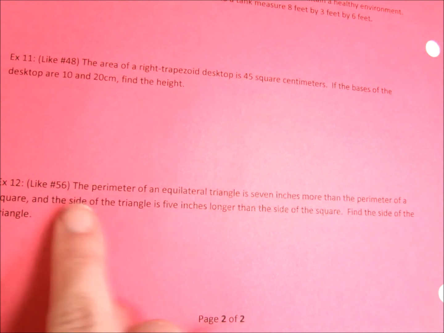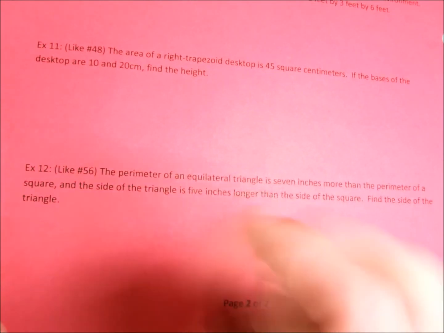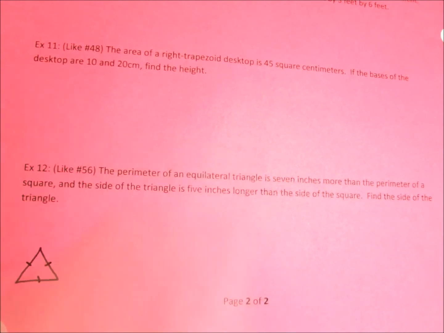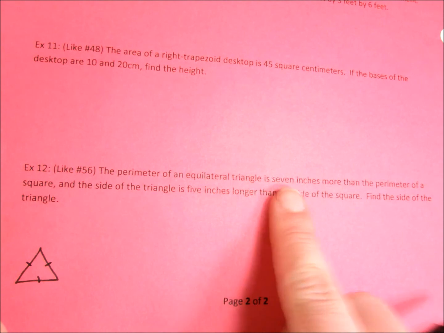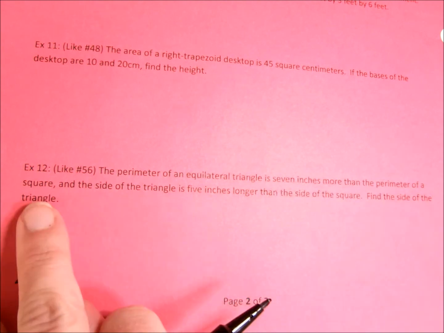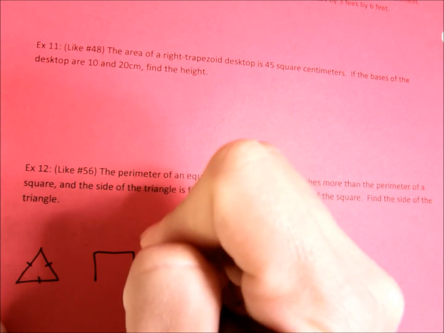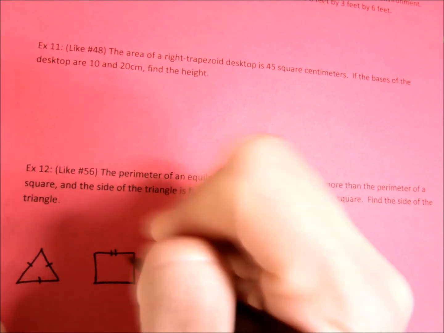Perimeter of an equilateral triangle. What am I going to do? Draw a triangle, and it's equilateral. All the sides are equal. Is 7 inches more than the perimeter of a square. What am I going to do? So draw a square. I think I want to translate that sentence.